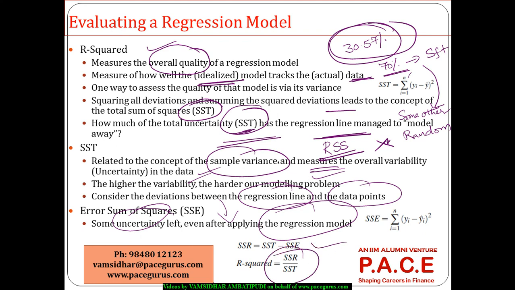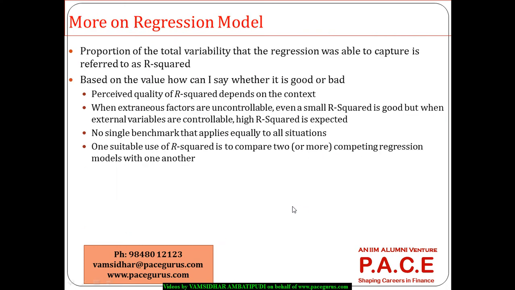From there we derive the R squared of the model, which is an assessment of the quality of the model, right? So if I have to say in one single statement about the R squared, it's the proportion of the total variability that the regression was able to capture.